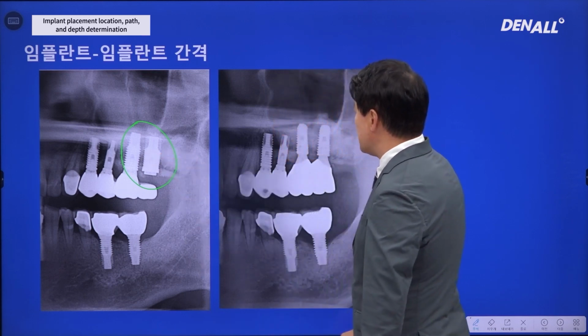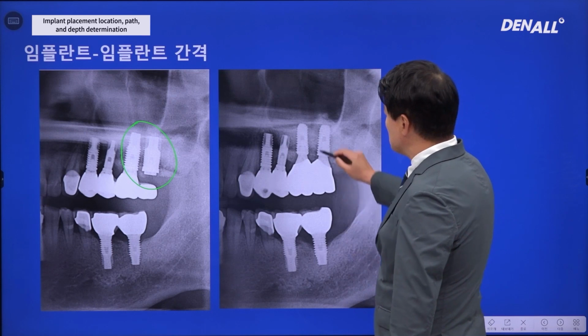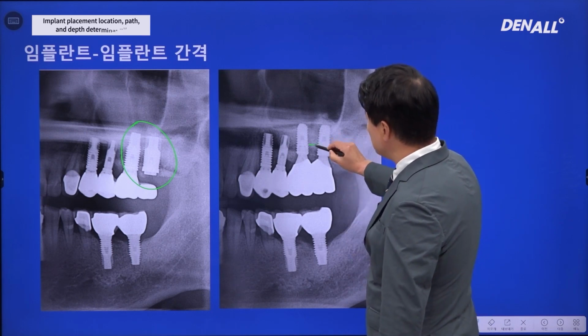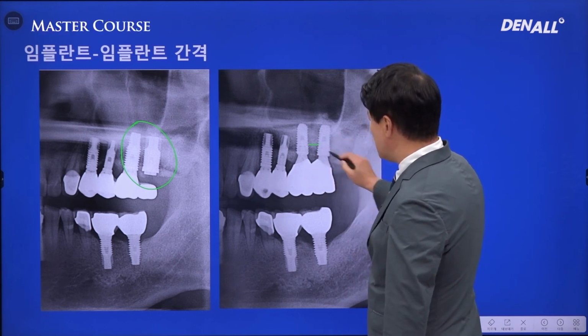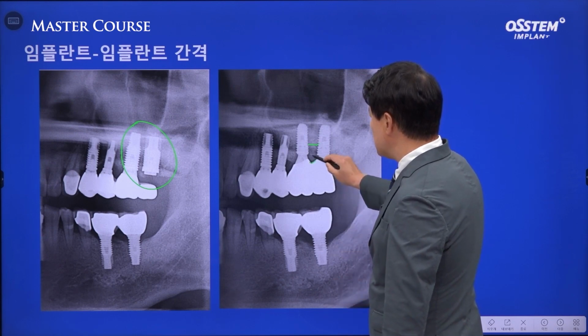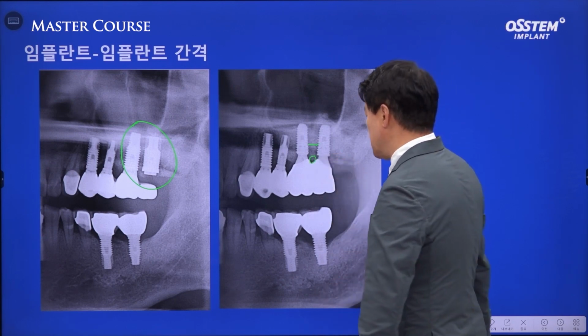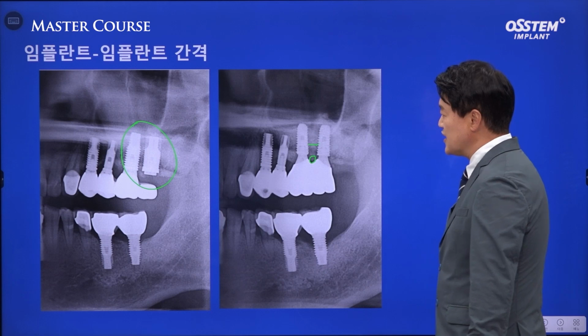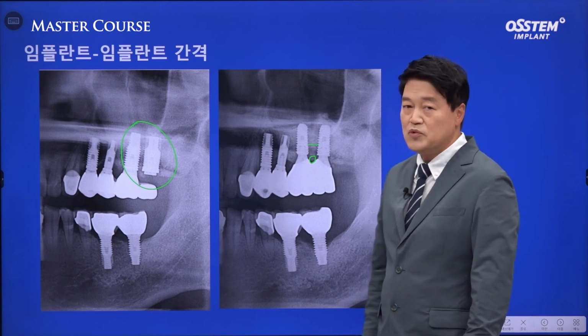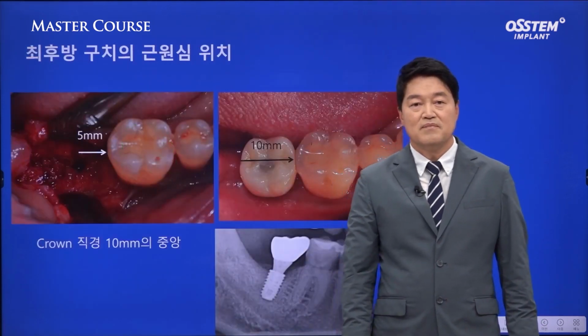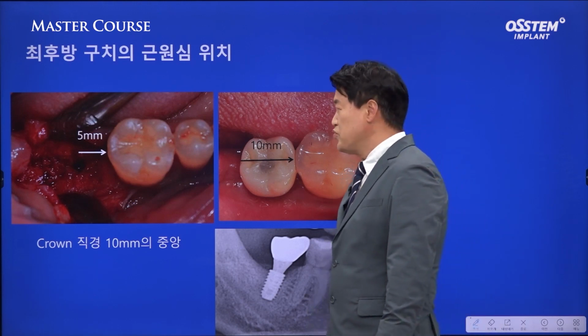So in the second surgery, a minimum of 3 millimeter distance was ensured. The emergence profile looks ideal, and self-cleansing in this area can be helped. So 3 millimeters at minimum distance between two implants should be ensured.